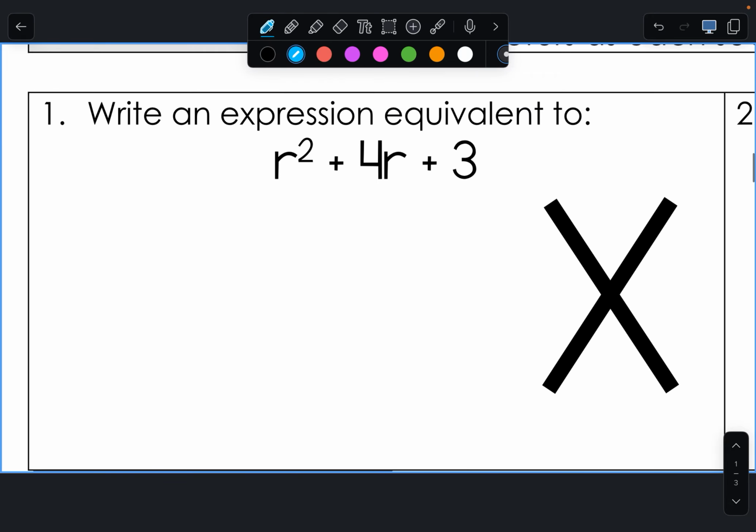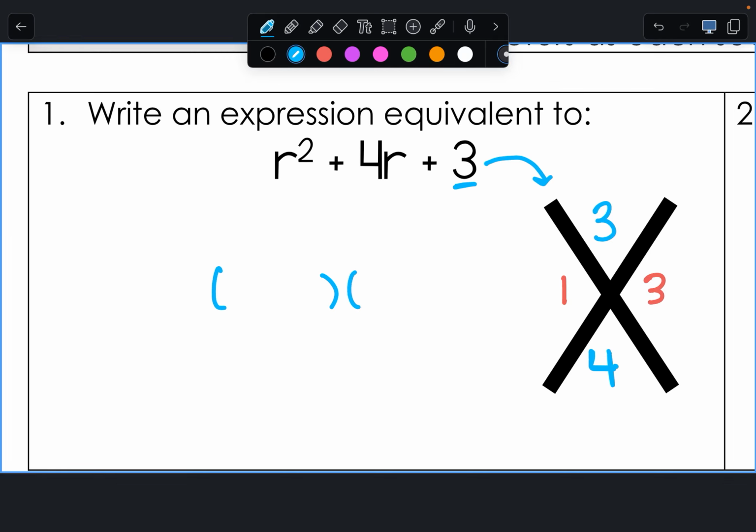On the STAR test, this is just how they word it: write an expression equivalent to. Basically, all they're telling you to do is solve the diamond and factor it back out, okay? Just like we said, the last number falls to the top, and the middle number, b, goes to the bottom. So I need two numbers that multiply to get 3 but add to get 4. 1 and 3. 1 times 3 is 3, 1 plus 3 is 4.